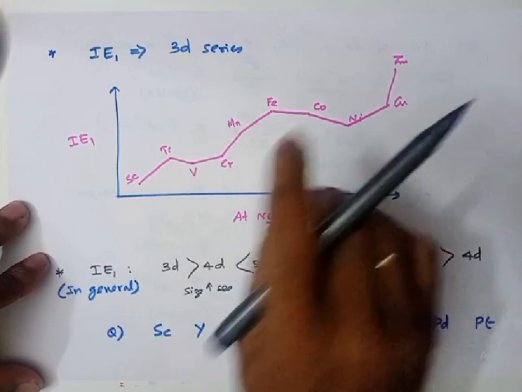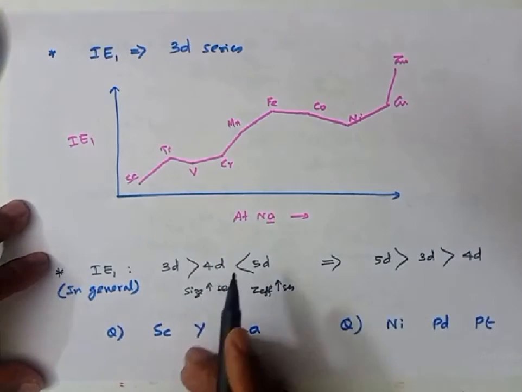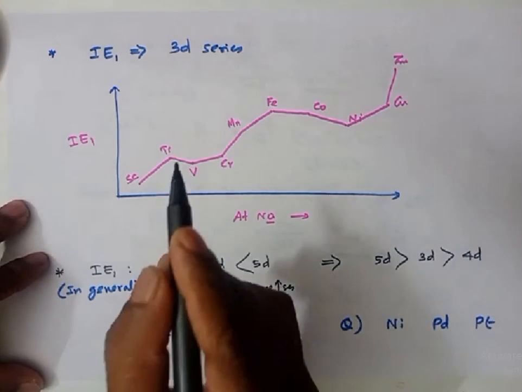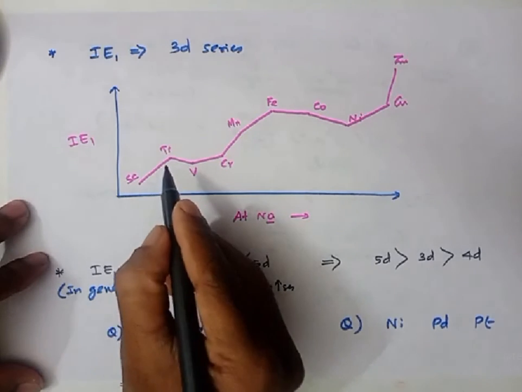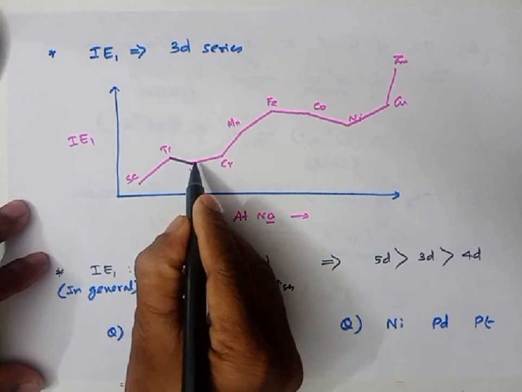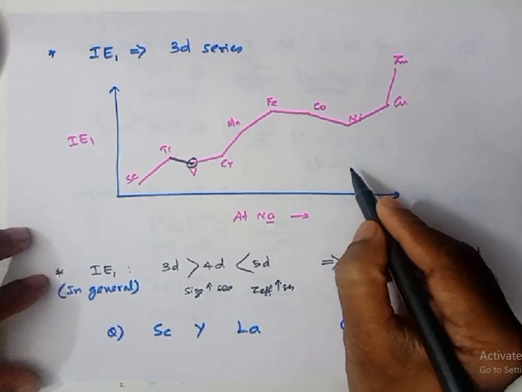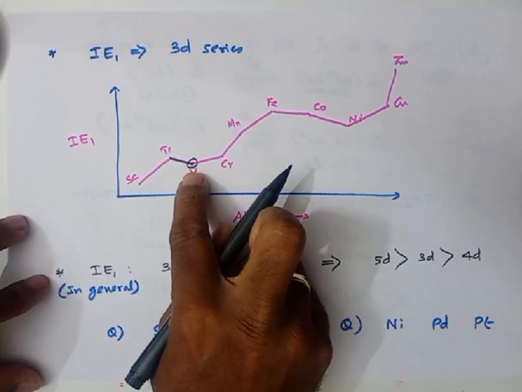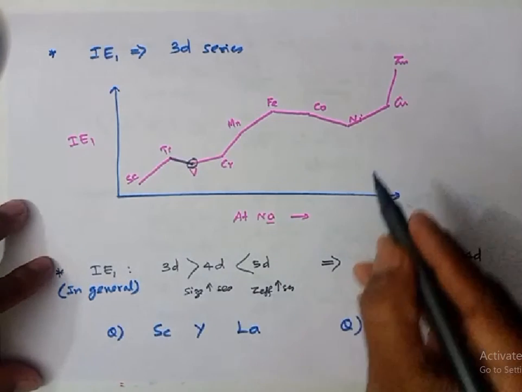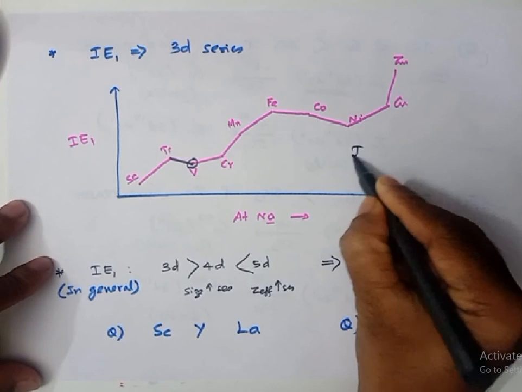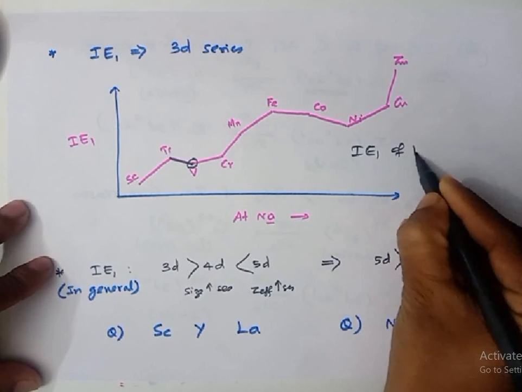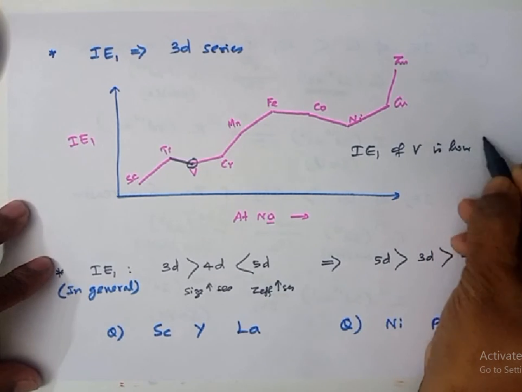Yes, it is increasing, but not regularly, with some irregularity. People will ask this question, students. After titanium, first ionization energy decreases for vanadium. Why does vanadium have lower ionization energy compared to titanium?